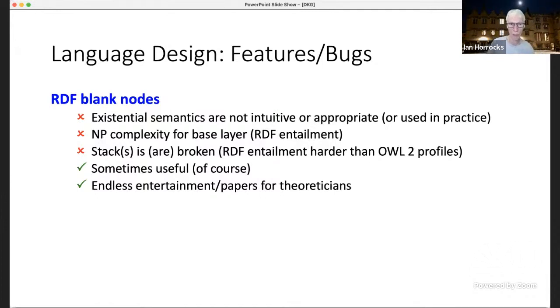But then when more work was done on that, it proved that this resulted in RDF entailment, even for this kind of base layer of the whole language stack, which really is just capturing the data. This already had NP hard complexity for entailment, which can't be good really. And it meant that the whole kind of stack thing is broken, at least with respect to the profiles.